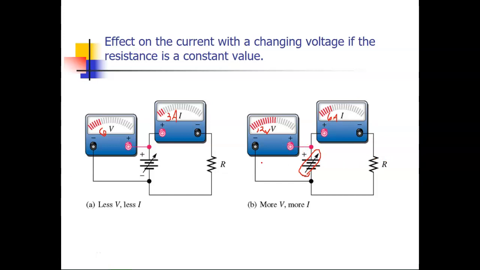So that's what happened when I increased the voltage: my current increased as well, in direct proportion to the amount of voltage that I increased. And then if I decrease the voltage, I'm going to decrease my current, because R is unchanging. In other words, my dam is remaining the same.